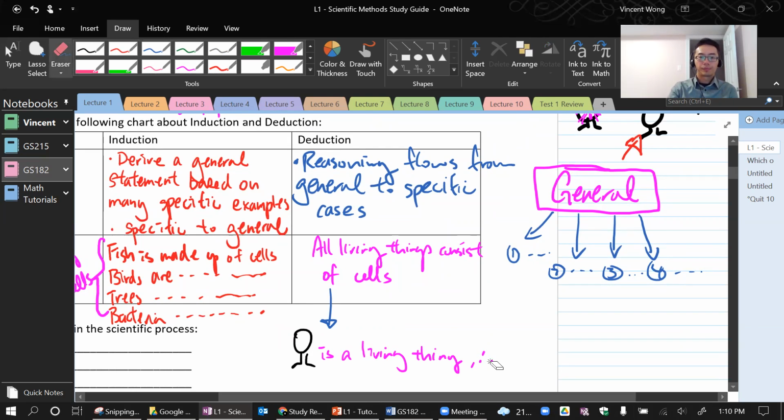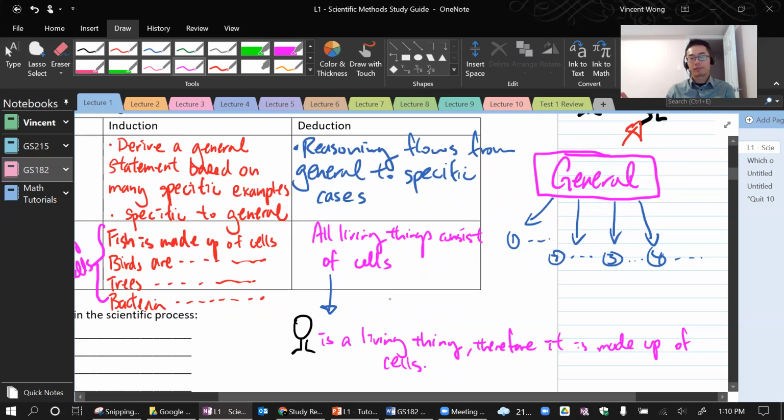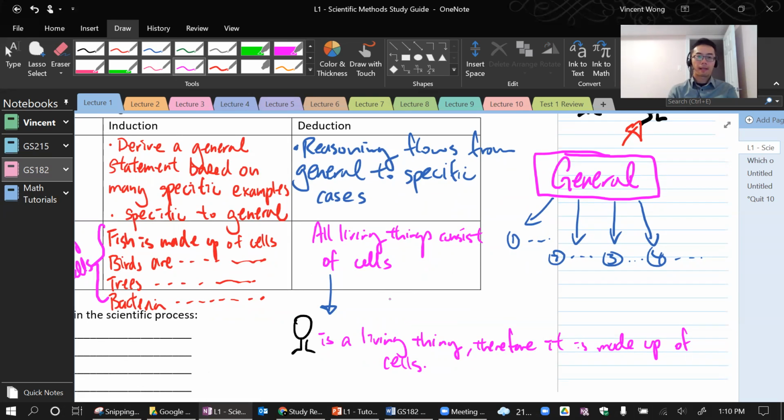Therefore, it is made up of cells. And then let's say you find another living thing. You're like, oh, this is another living thing. It must also be made up of cells.